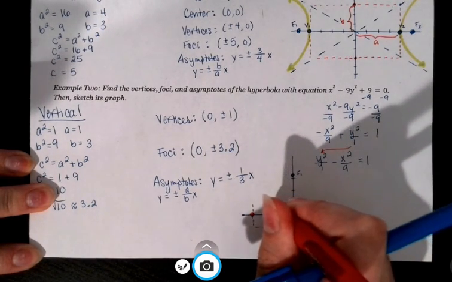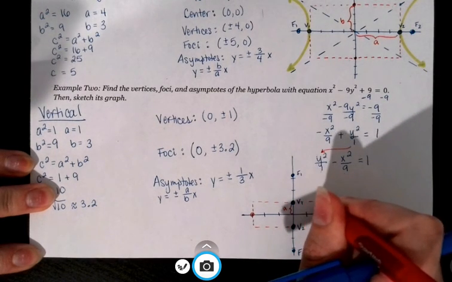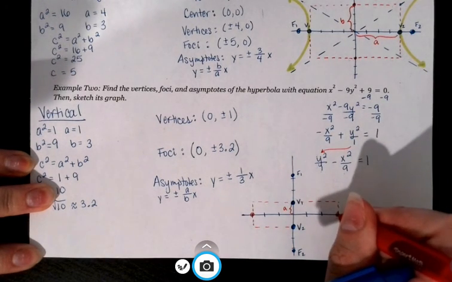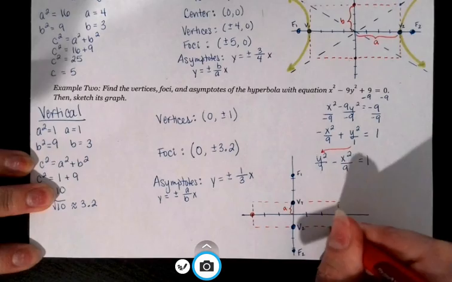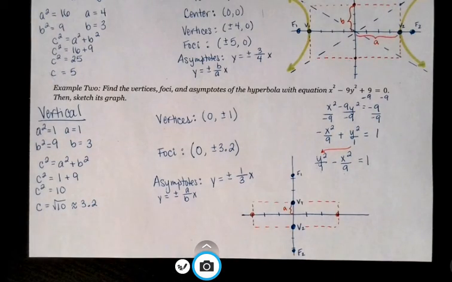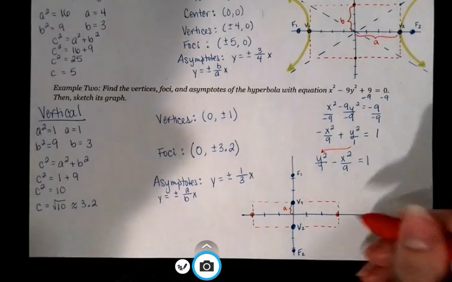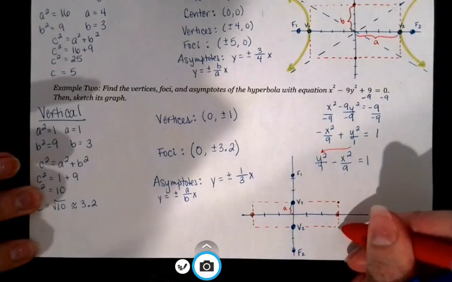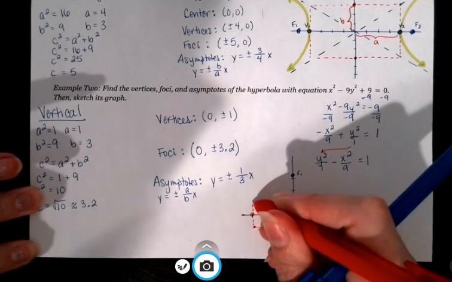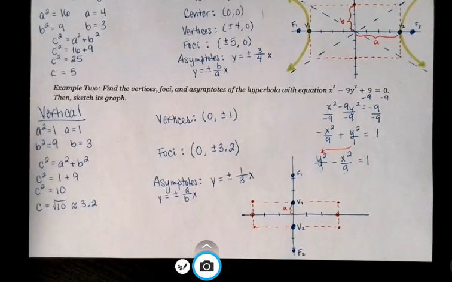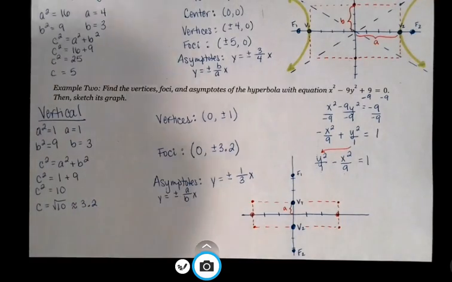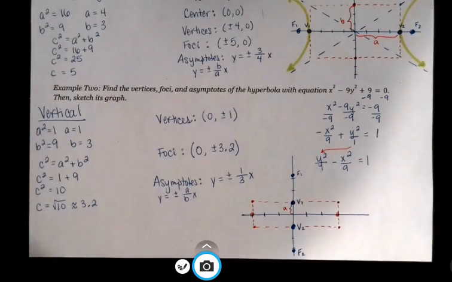It's a little long and skinny, but that makes sense for my A and my B value. Not the greatest, but that's okay. So I have a corner here, I have a corner here, and then those places. So I'm going to draw in my asymptotes, and then I'll be able to finish my graph.